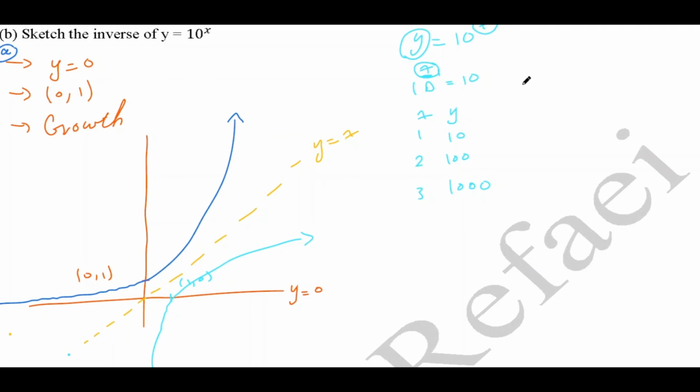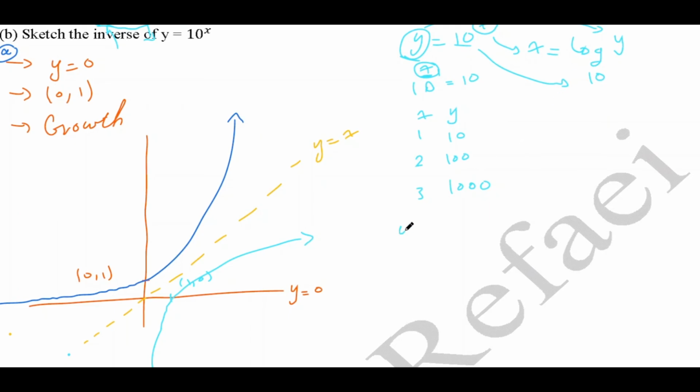In the inverse function, the output should be the power, the x value. So how can I convert the exponential so that I give you y and you give me the power x? I'm looking for the power. The inverse of the exponential is the logarithm. I give you y, and the base is 10. The input becomes the output in the inverse, and y is the input instead of output.